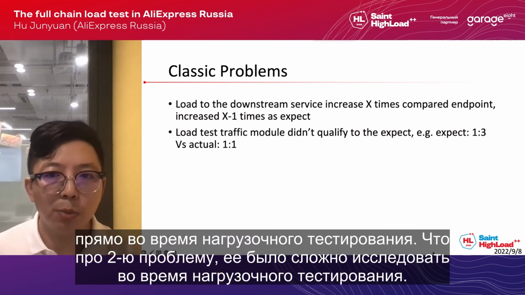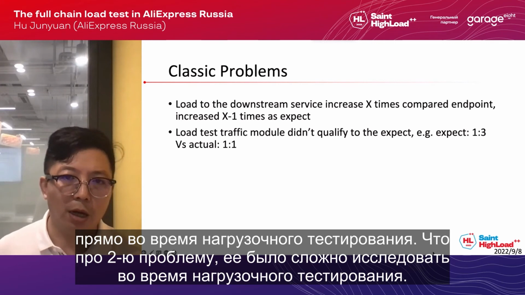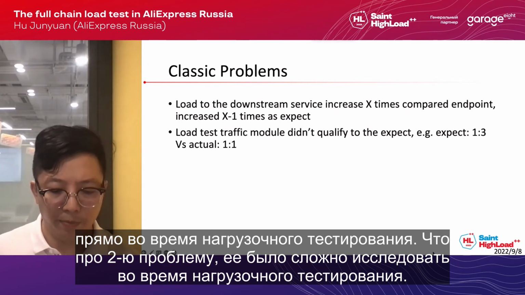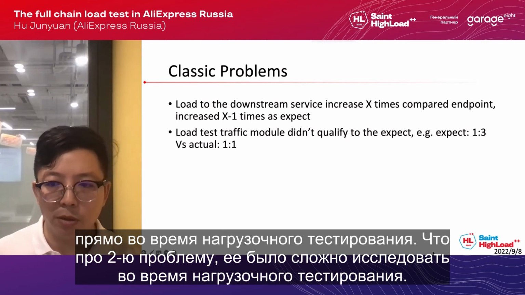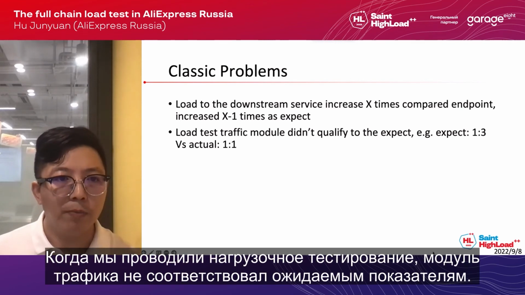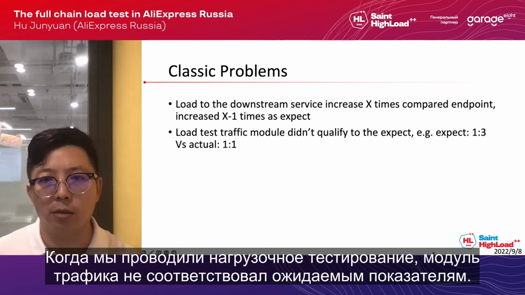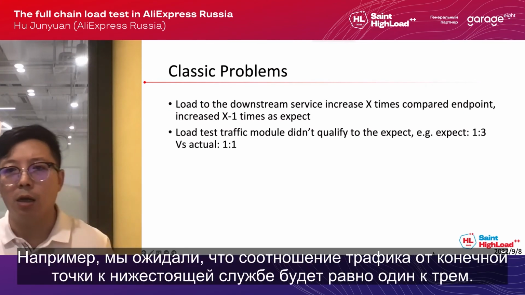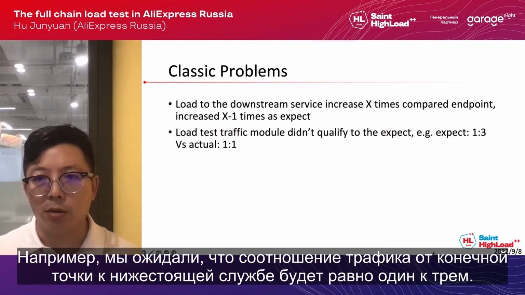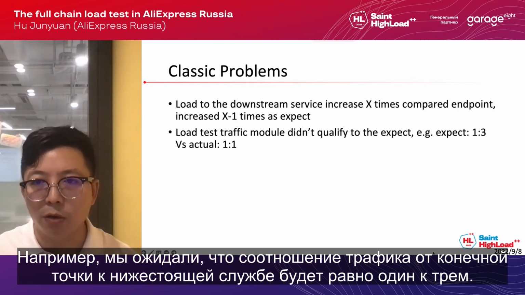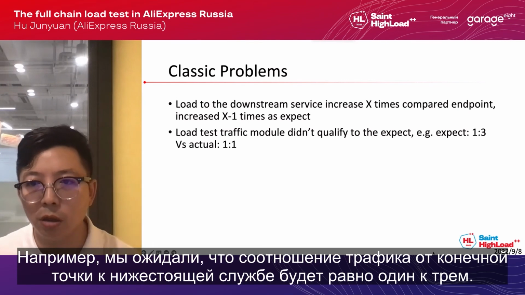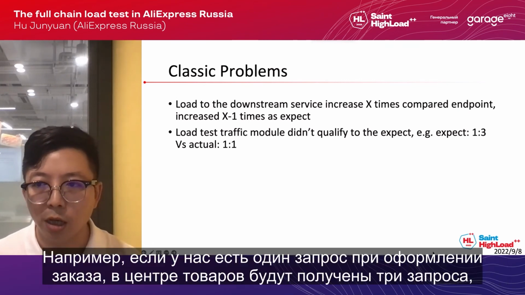And the second problem was a little harder for load test problem investigation. When we were running the load test, the traffic model did not match what we expected. For example, we expected the traffic ratio from the endpoint to the downstream service to be 1 to 3.